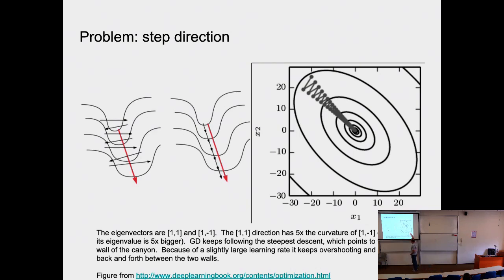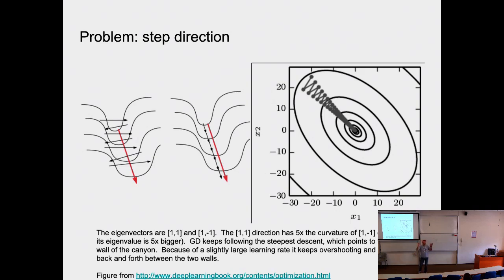In this case, the eigenvectors are (1, 1) and (1, -1). Does the (1, 1) direction have higher or lower curvature? Those are the two directions. Is the (1, 1) direction high curvature or low curvature in this graph?